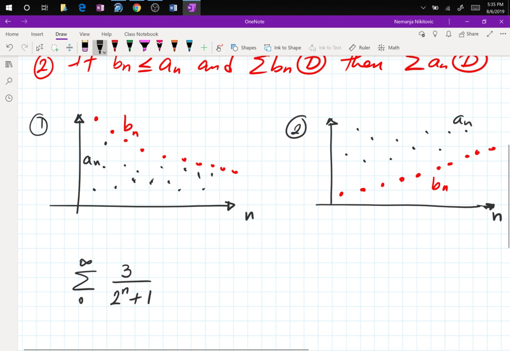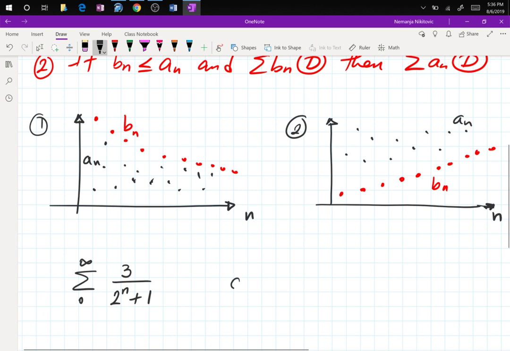Now you're looking at this and you say, that plus 1, right? Without the plus 1, this would be just a basic geometric series. You have 1/2, it converges, you're done, right? But that plus 1 ruins everything, because of that plus 1, it's no longer a geometric series. Nothing else works, therefore we are stuck with our comparison tests.